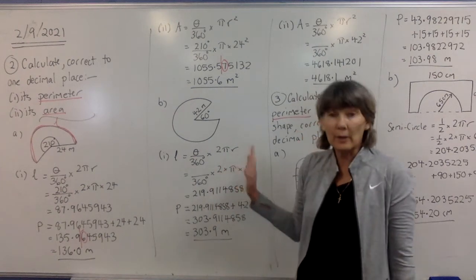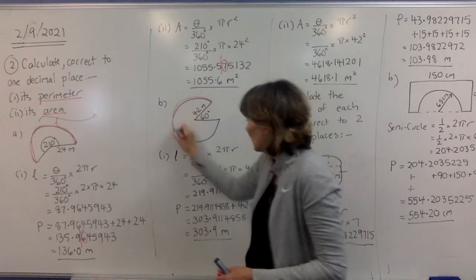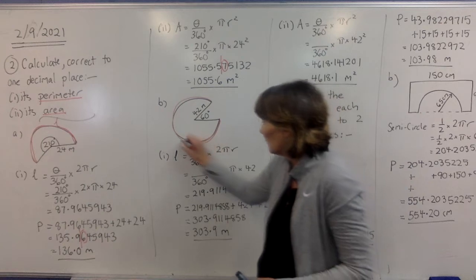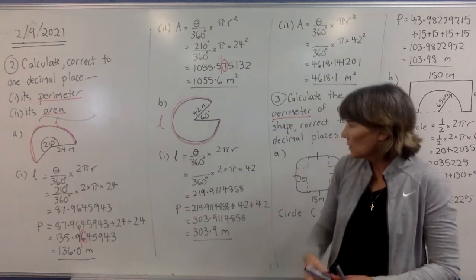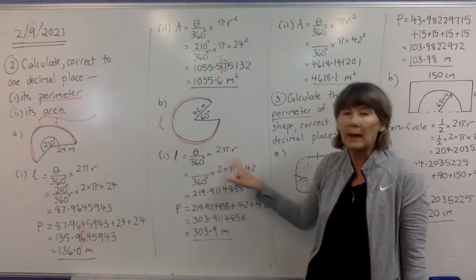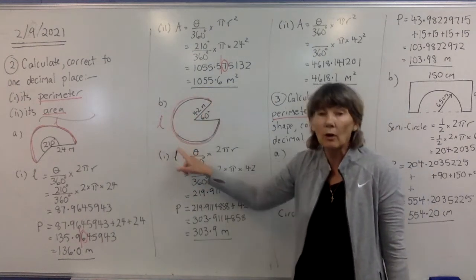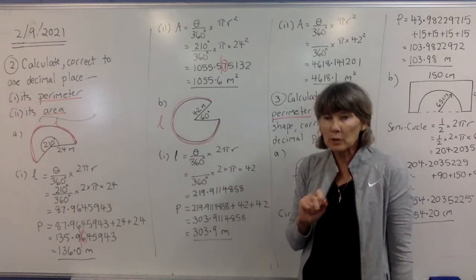Again, we're going to find the perimeter first. Start with your curve. I'm going to draw a red curve here. That's what we're looking for. Remember, it's called L. So the arc length formula is theta over 360 times 2 pi r, because it's a part of the circumference of the circle. Now, this question's a bit tricky.